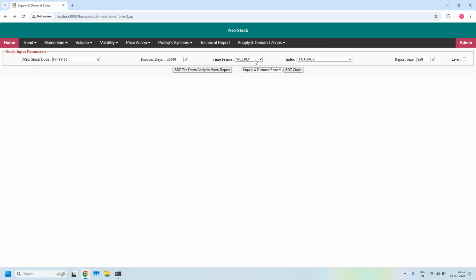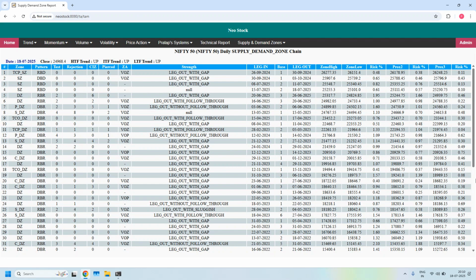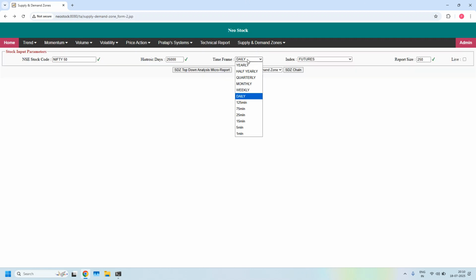Next, generating daily supply demand zone chain for Nifty. Next, generating 125 minutes supply demand zone chain for Nifty.